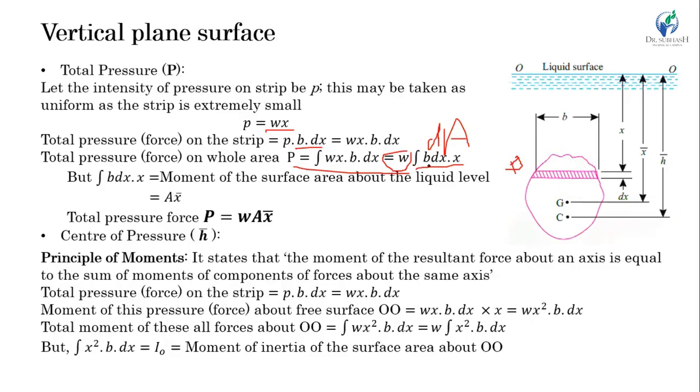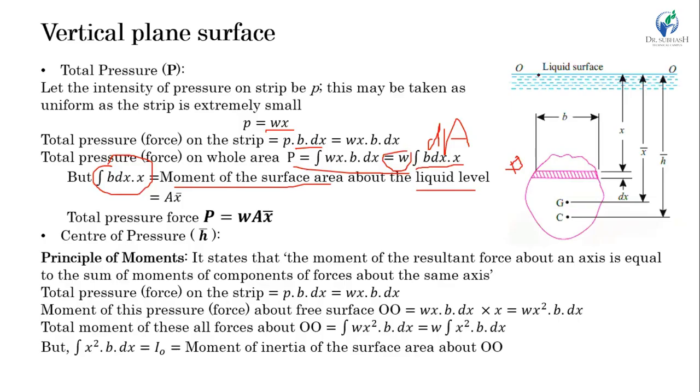When you sum up all this type of area into distance, it gives the moment of this surface area about the axis we have considered as reference, and here our reference is the liquid surface. So the integral of b dx times x gives the moment of the whole surface area about the free surface of liquid.